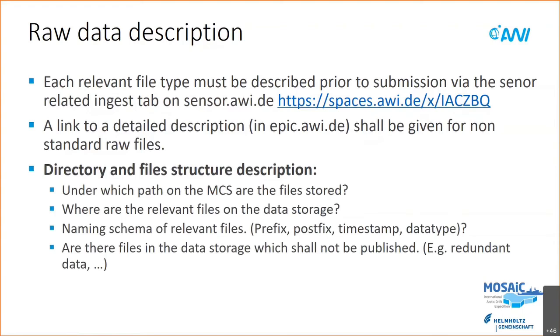The information we need is under which path on the MCS the file stores are, which are the relevant files on the data storage, what the naming scheme is, with prefix, postfix, timestamp, and data type, and also whether all of these data need to be published, or whether there are any data which are maybe redundant or different, or maybe an old version and should not be published as raw data in Pangaea. We need this kind of information from you to be delivered through the sensor AVI.